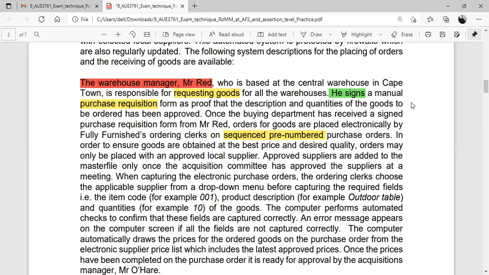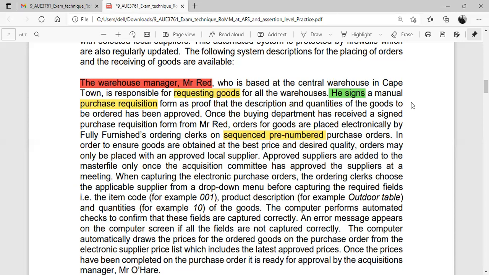Then the computer performs automated checks to confirm that these fields are captured correctly. An error message appears on the computer screen if the fields are not captured correctly. For example, if you go on the system and you put in a wrong product description, there will be a pop-up message that says you have put in the wrong product description.